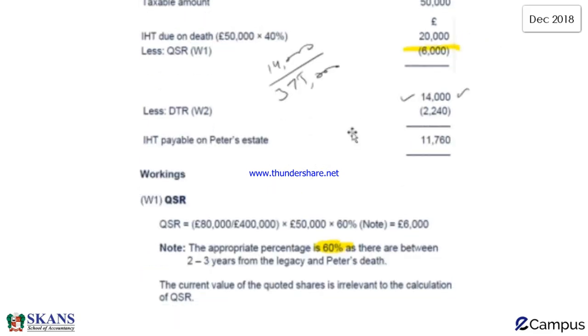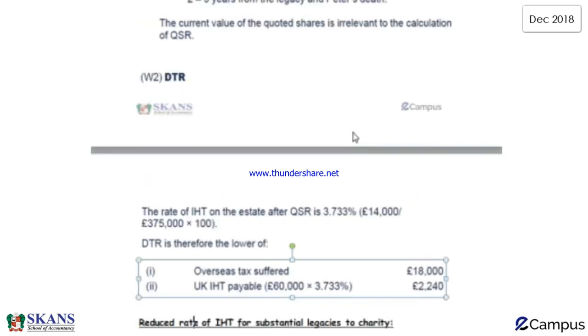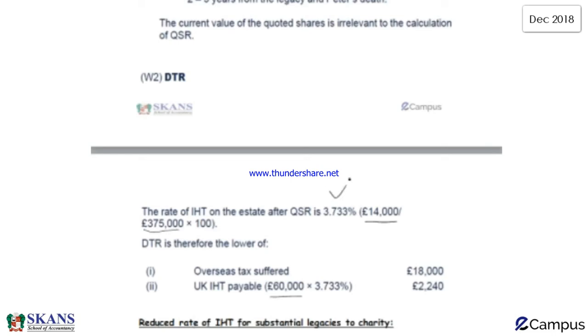Now, if I want to know what was the tax charged on this overseas property, that's quite easy. Well, this overseas property was worth 60,000 on his death. 14,000 is the tax and 375,000 is the chargeable estate, and that's why the effective average estate rate is 3.733.